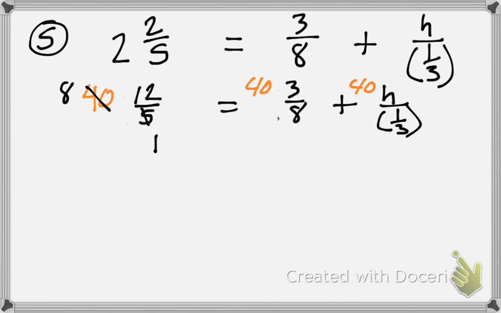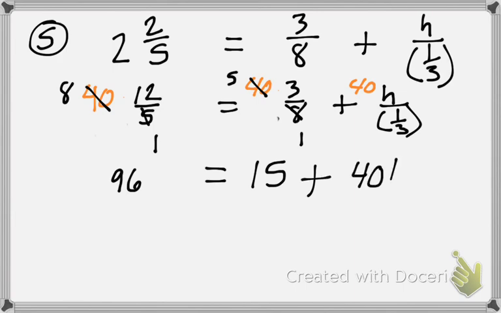Now I've got 8 times 12, which is going to give me 96, because 8 goes into 8 once, and 8 goes into 40 5 times. 5 times 3 is 15. And for right now, I'm going to still leave this 40 over h. And it's still got a 1/3.